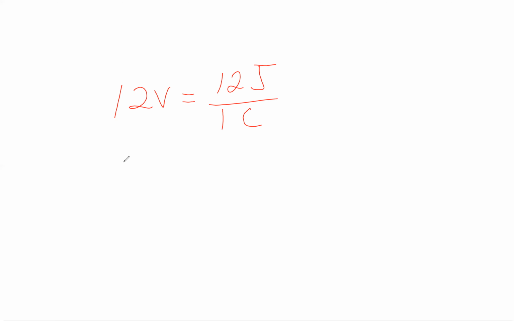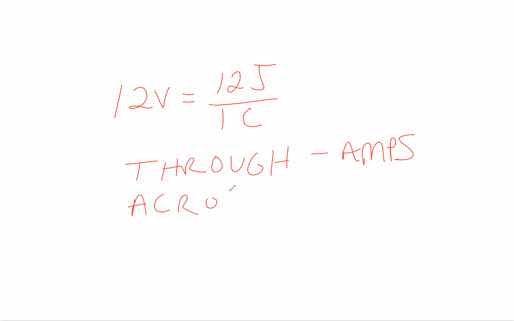When we're talking about electricity moving through a circuit or a wire, we're talking about the current. If we're talking about the potential difference from one end to the other, we're talking about the electricity across a circuit, and that's volts.